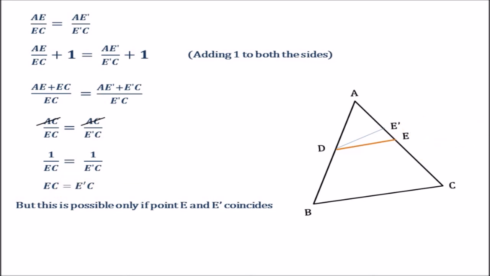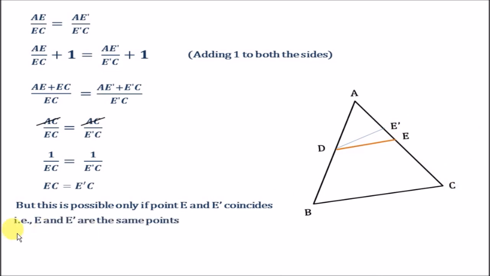But this is possible only if E and E dash coincide. That is, only if E and E dash are the same points will the distance from E to C and E dash to C be equal.